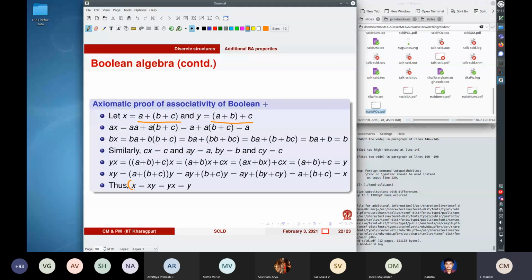That is what we are achieving finally. We achieve this through some intermediate expressions. We show that ax is a, bx is b, cx is c, and then we show that yx is same as y, and xy is same as x.